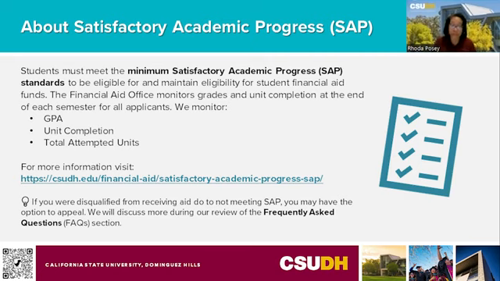You can get to that page and bookmark it if you want. If anyone viewing this video was disqualified from receiving aid due to Satisfactory Academic Progress, there may be a way for you to appeal, and we'll discuss a little bit more during the frequently asked questions, but don't be discouraged by that.